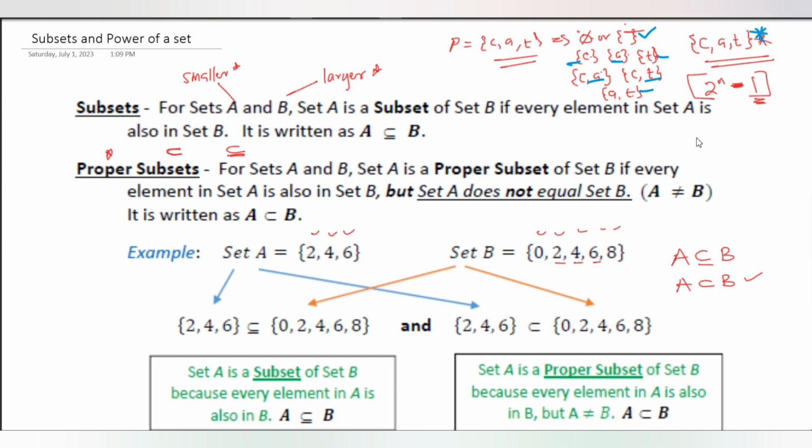If we use 2 to the power of n, with the number of elements being 1, 2, and 3, that's 2 to the power of 3, which is 2 times 2 times 2. That gives us 8, which is the number of subsets that can be formed from the given set. Remember, this is also referred to as the power of that given set.